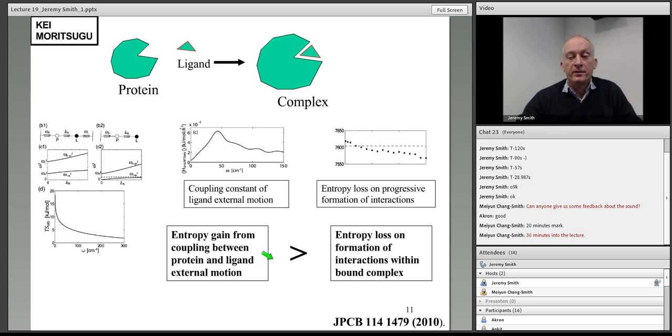And this entropy gain is what drives the overall entropy increase and softening of the system on the ligand binding. Okay, so that was a rather complicated description, so I've kind of rushed over. To get the details of it, do read this paper by Kei Moritsugu, who was a postdoc of mine and is now a staff scientist in the Riken lab in Tokyo.